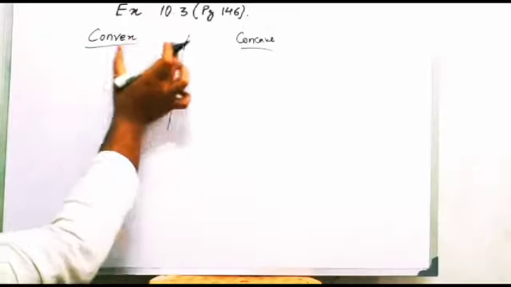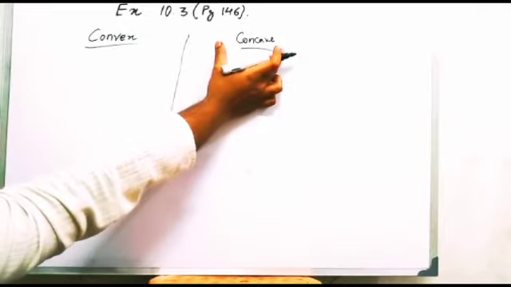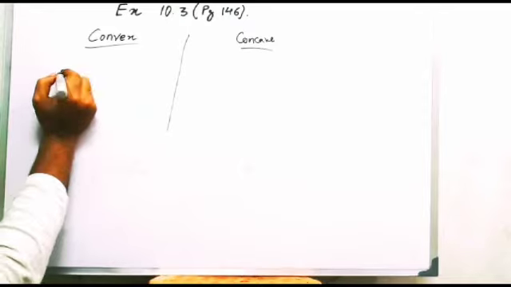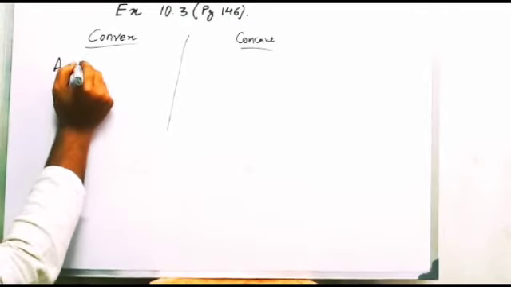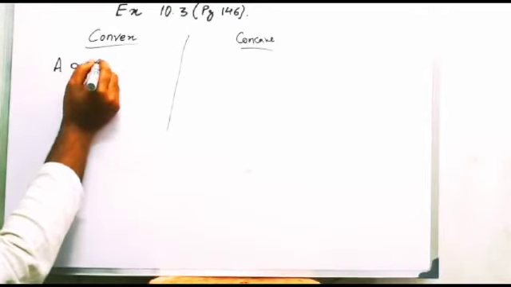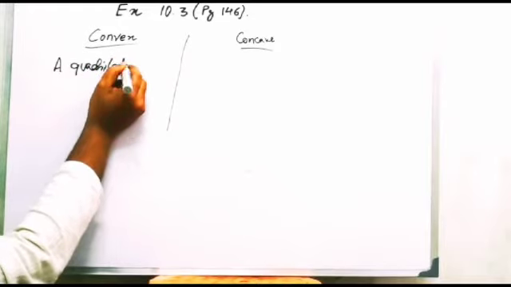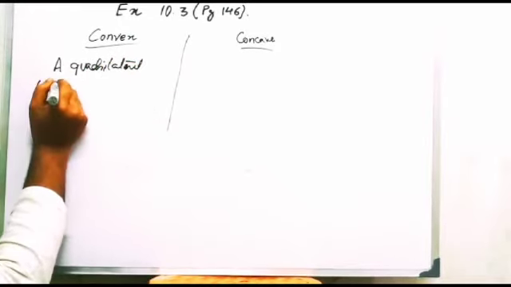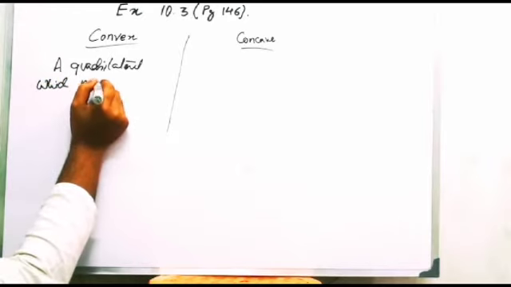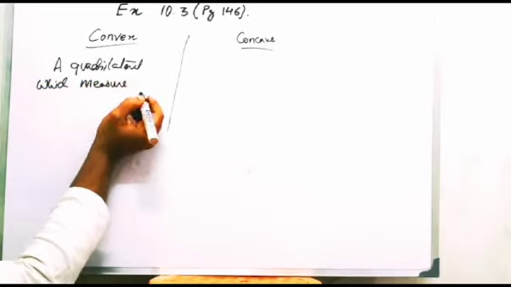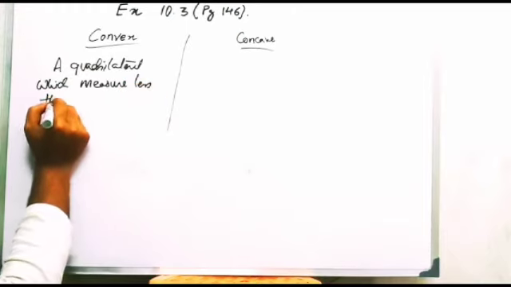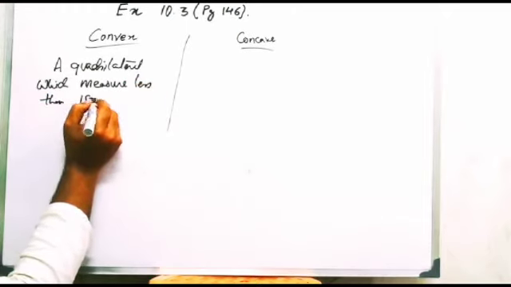Now convex and concave quadrilateral. Okay, this is simply a quadrilateral which measures less than 180 degree.